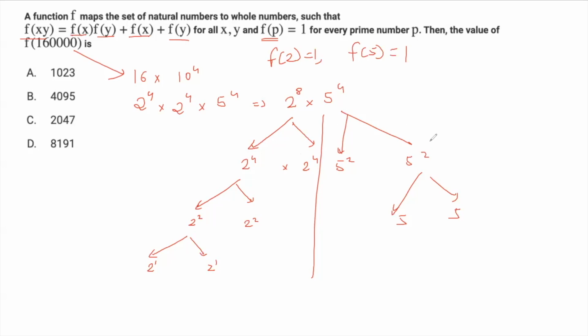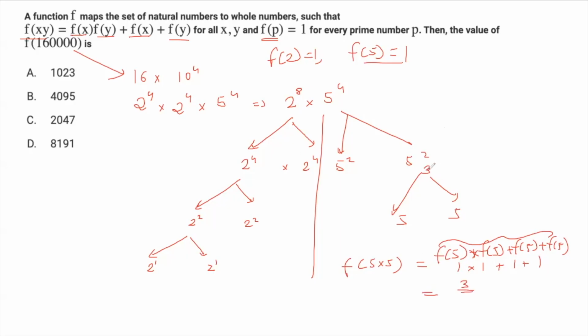Now, if I want to find f(25), f(25) will be f(5·5), which as per the definition is f(5)·f(5) + f(5) + f(5), right? We have seen f(5) is 1. So this entire thing becomes 1·1 + 1 + 1, which is basically 3. So f(25) is nothing but 3 in this case.